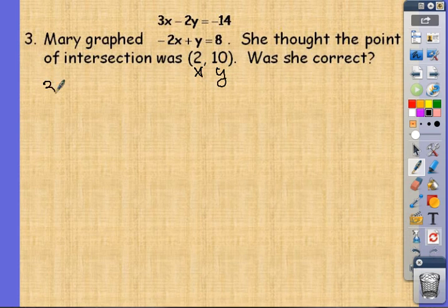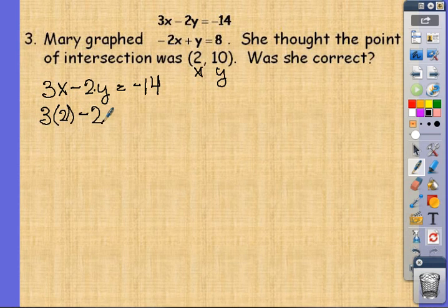So let's start with the first equation. I'm just going to write it exactly as I see it. 3x minus 2y equals -14. Okay, x is 2. So 3 times 2 minus 2, and then my y is 10, times 10 equals -14.